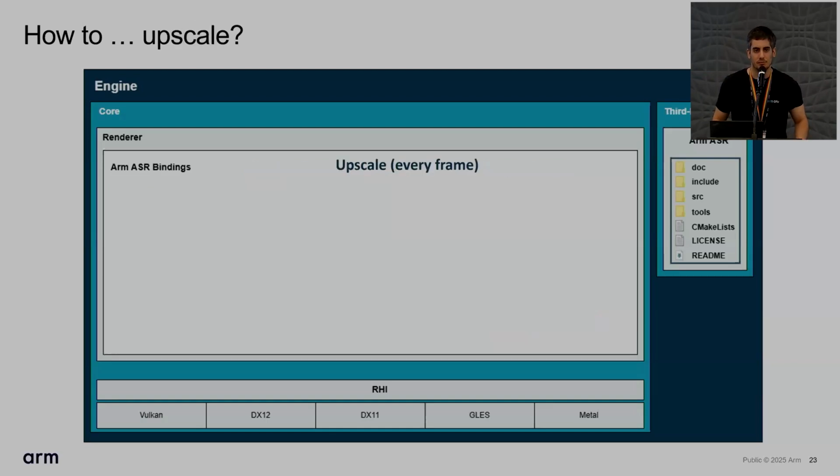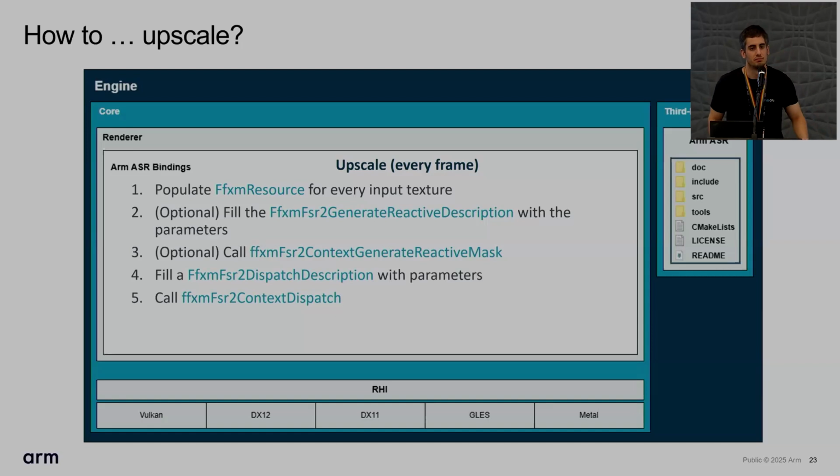Same story for upscaling. Every frame, you populate the FFXM resources for your input textures. If you want to generate the reactive mask using the utility that we provide, you would do the same here: generate the field, populate the reactive description, kick off the work. Same for the dispatch description of ARM-ASR, and finally call dispatch. Piece of cake.